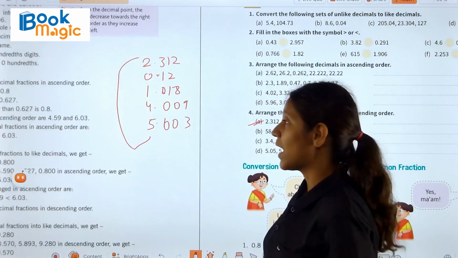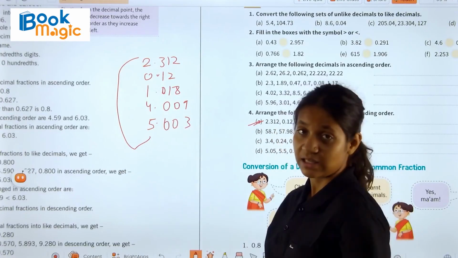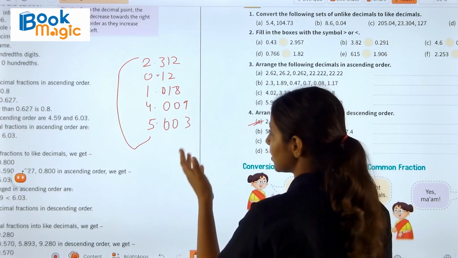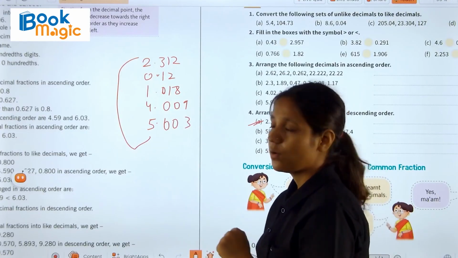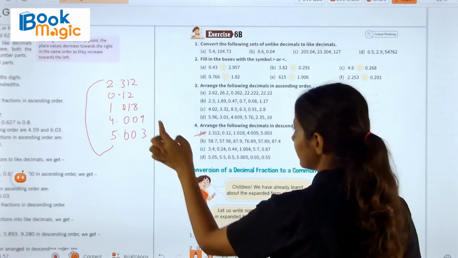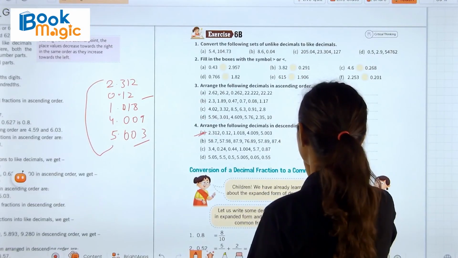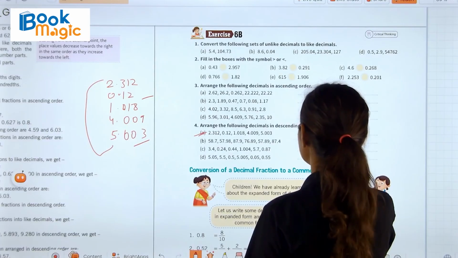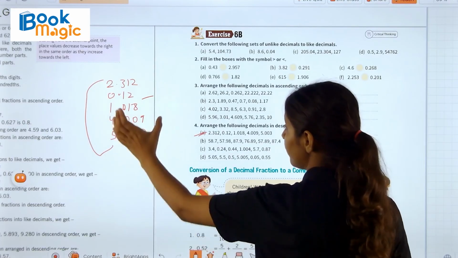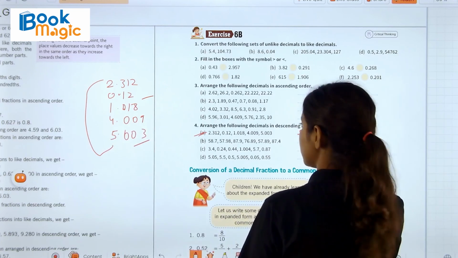By seeing the whole number part, we can see that they are having different whole numbers. So we can judge them by seeing only the whole number. Firstly we will write the greater one, that is 5.003, then we have 4.009.